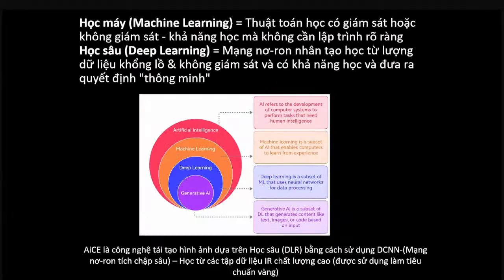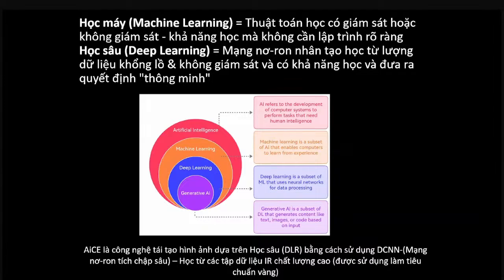Now, let's talk a bit about AI. AI refers to the development of computer systems to perform tasks that need human intelligence, and machine learning is a subset of AI that enables computers to learn from experience. In other words, the algorithm can learn supervised or unsupervised and has the ability to learn without being explicitly programmed.